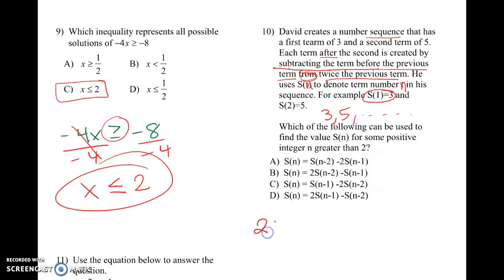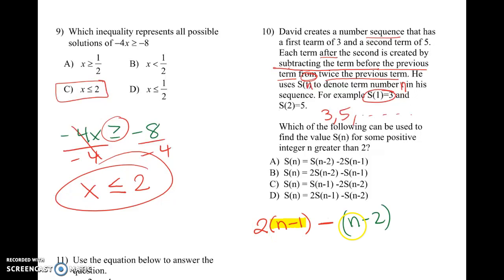So twice the term right before would be not n, but n minus 1 because it's 1 before. And you're subtracting something from that. Now what are we subtracting? It says now created by subtracting the term before the previous term. So if this is the previous term, the term before that is n minus 2.